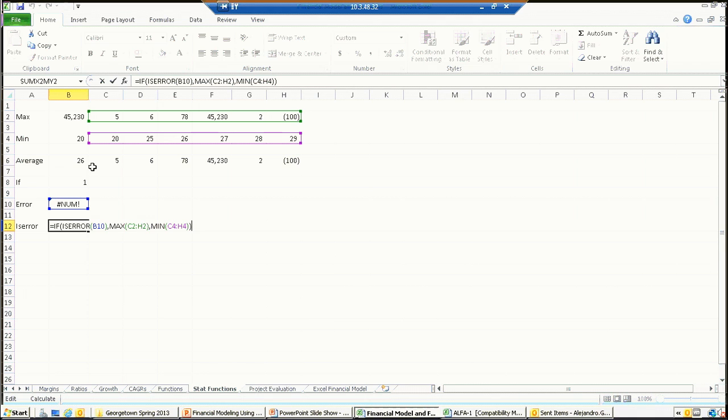If that number, so in this case error is a function, if that number returns an error message, then choose the maximum of the first range, and if not, return the minimum of the other range. So you can play around with that function and do many things that are very useful when building more complex financial models.